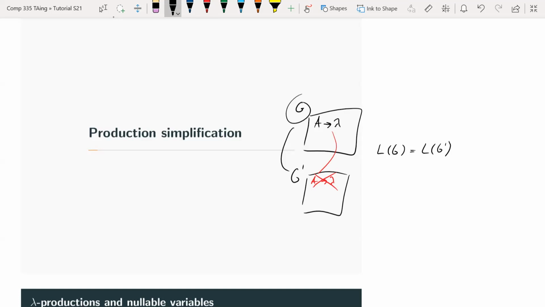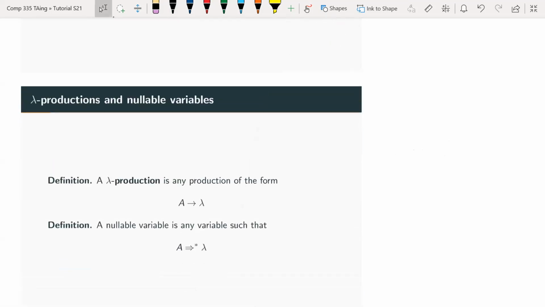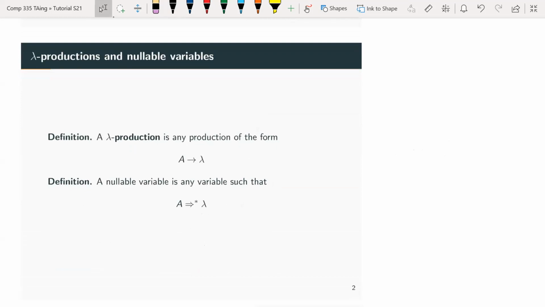And those are going to be used when we employ the conversion algorithm for Chomsky normal form. Okay, so I've talked about lambda productions, so let's start with those. A lambda production is simply any production of the form where I have a variable on the left and a lambda on the right. From this definition, we have the following definition of a nullable variable.